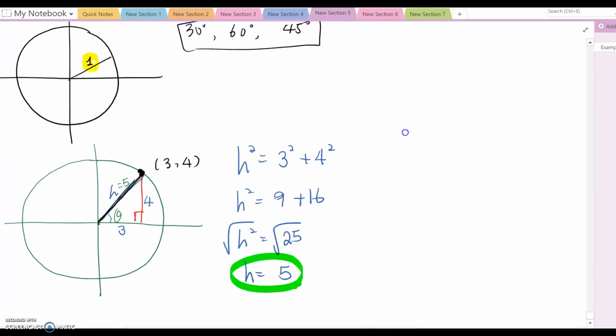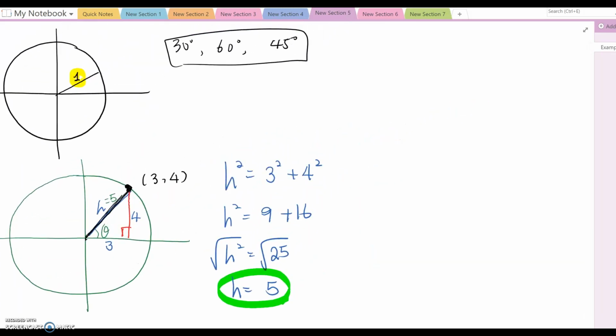And let's go back to the previous lesson, how to determine sine, cosine, tangent. So this is the adjacent length, this is the opposite length, and this is the hypotenuse.